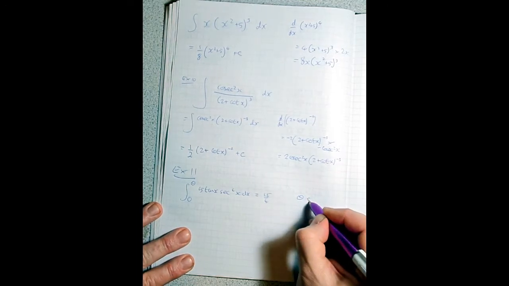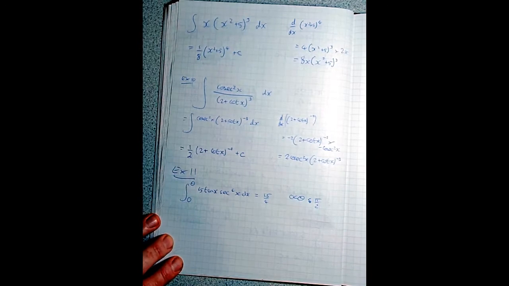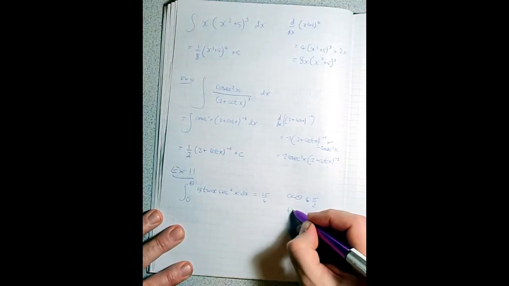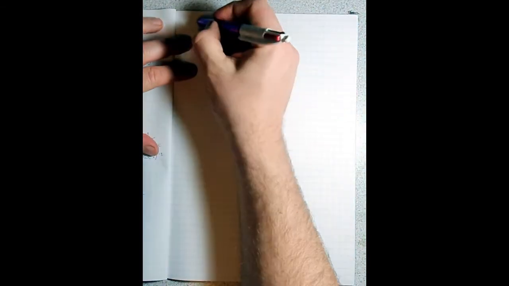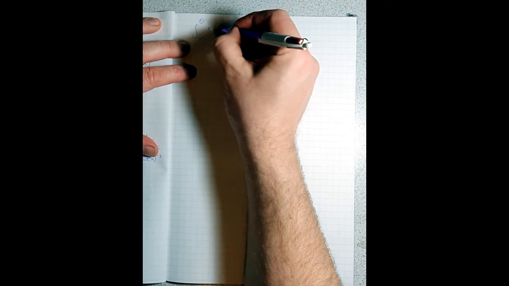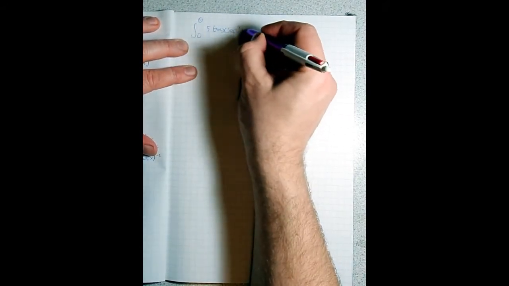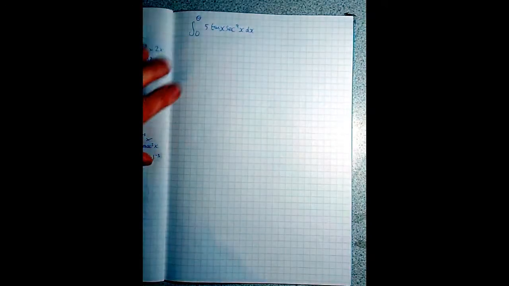Theta is between pi by 2 and 0, and I need to find theta. Find theta. Let's start a new page. The integral from 0 to theta of 5 tan x sec to the 4x dx.